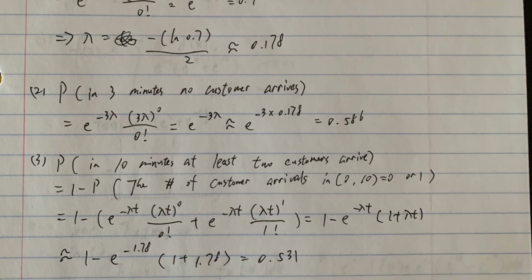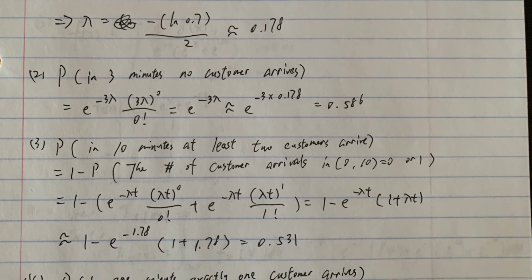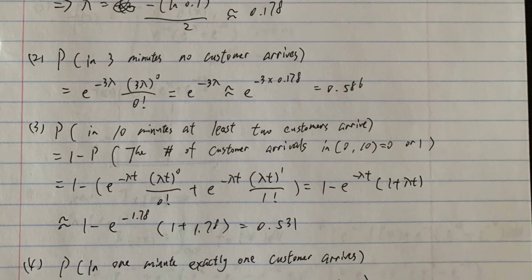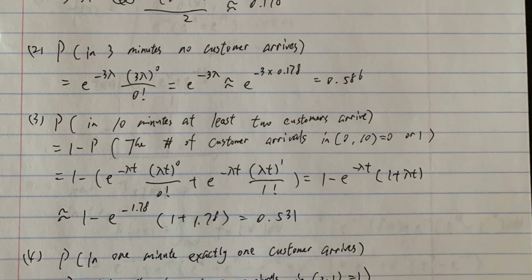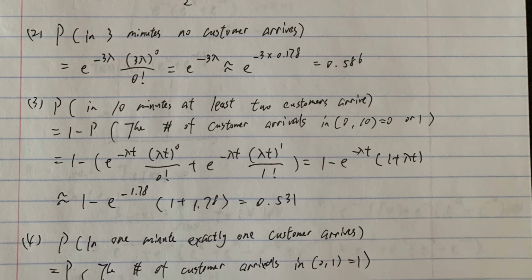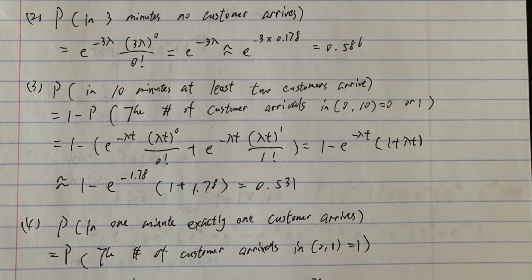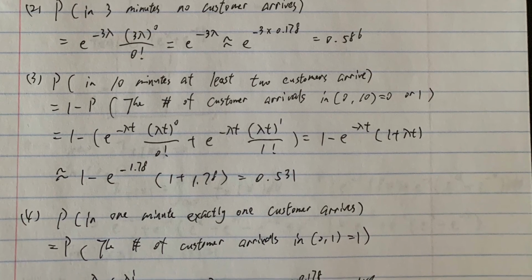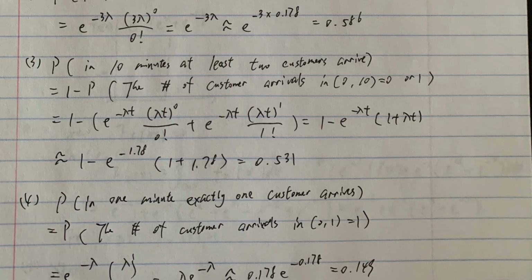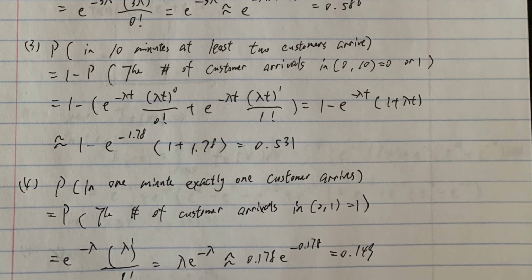So we can write down the equation: the probability that in 1 minute exactly one customer arrives equals the probability that the number of customer arrivals in (0, 1] equals 1, which equals e to the power of minus lambda times lambda over 1 factorial, which gives lambda times e to the power of minus lambda.